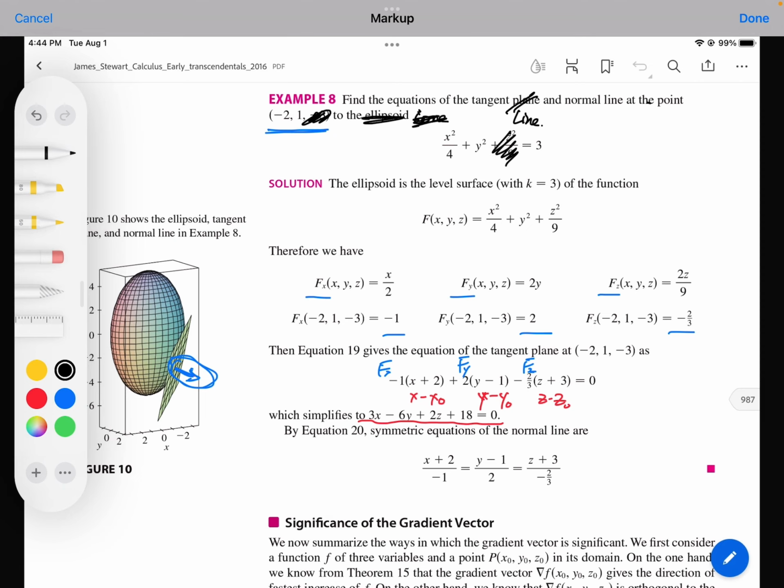Actually, this is not a cone. This is kind of like an oval shape. So let's say I'm changing the example by removing one dimension, right? So now you have x and y, and instead of dealing with a tangent plane, we're dealing with a tangent line.